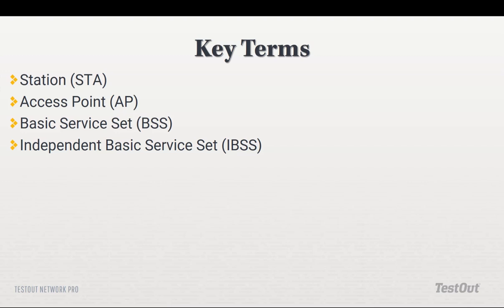Then we have an independent basic service set, and basically that is the combination of all these things that get put together. You can see how it all plays together in the next slide over here. Then we have an extended service set, which consists of multiple BSS with a distribution system. Basically, the ESS is a combination of multiple BSS that are going to be able to overlap and set up how you're going to connect when you walk from one area to another area.